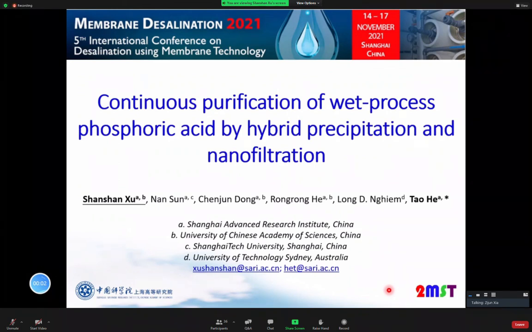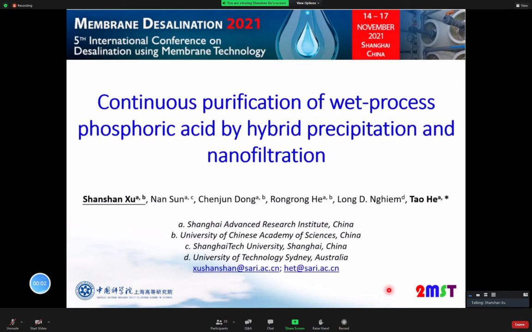In the next plan, we will use our prepared layer membrane to purify the phosphoric acid. Because the layer membrane has a high flux, and the process can be precisely regulated.